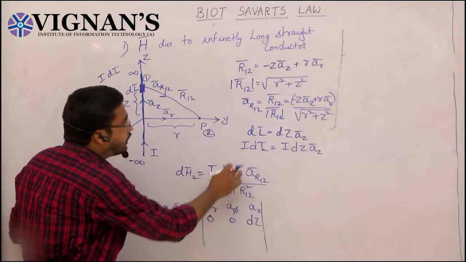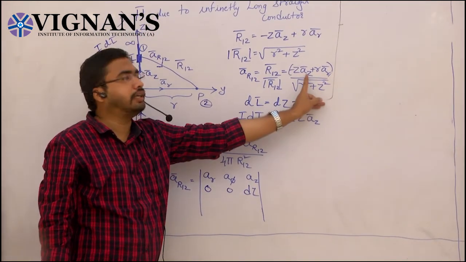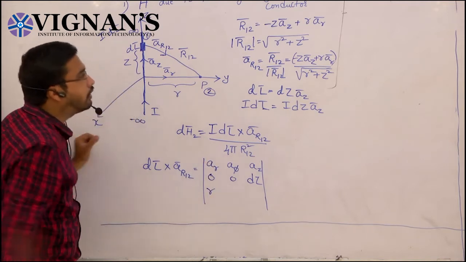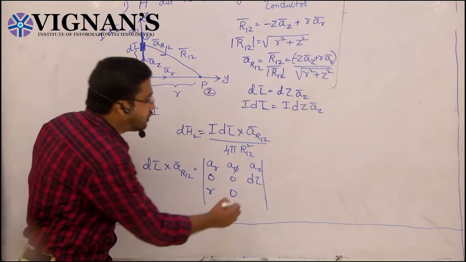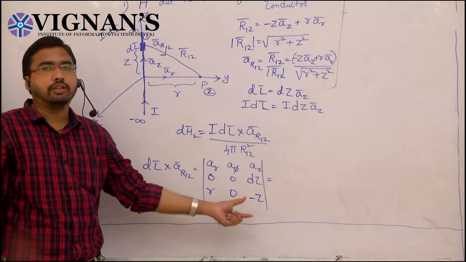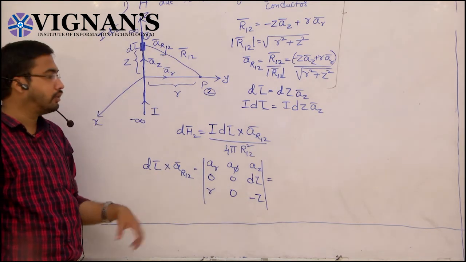And what is the AR12? In AR12 you are having AR component and AZ component. So AR component is R, A5 component is not there, so 0, and this is minus Z. So if you find the determinant value for this, then you can obtain the dl bar cross AR12 bar.